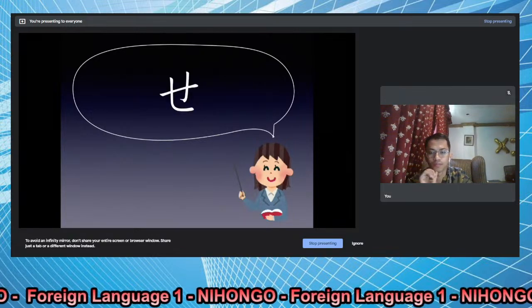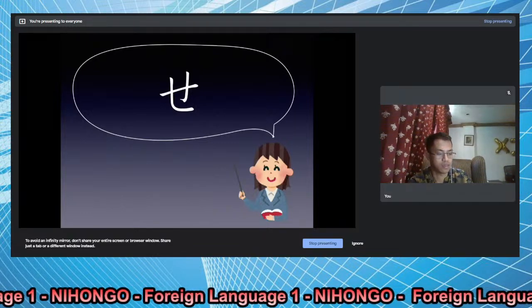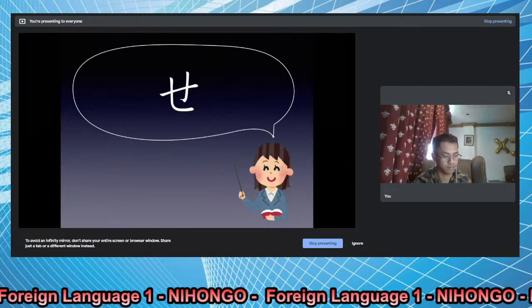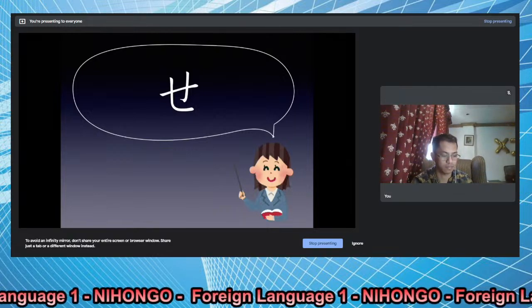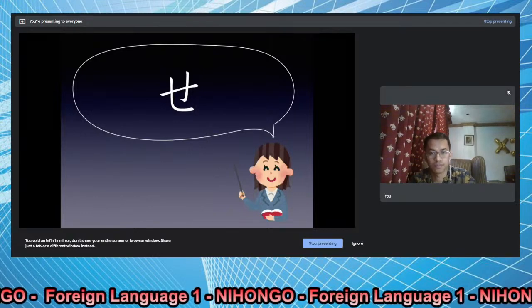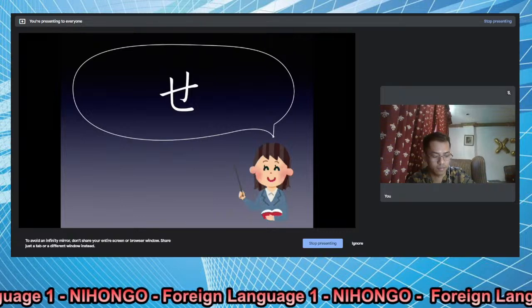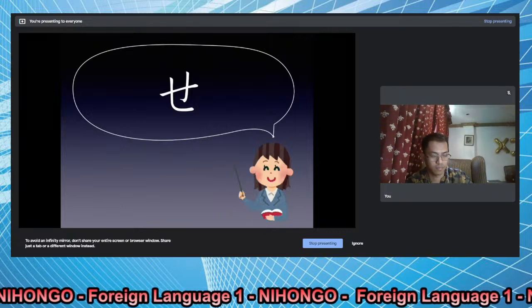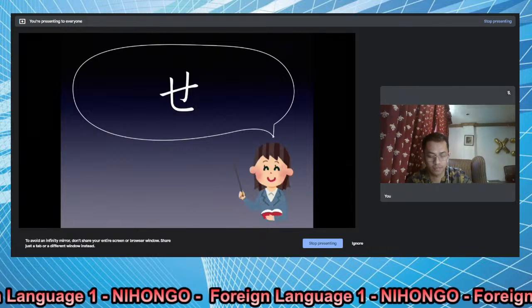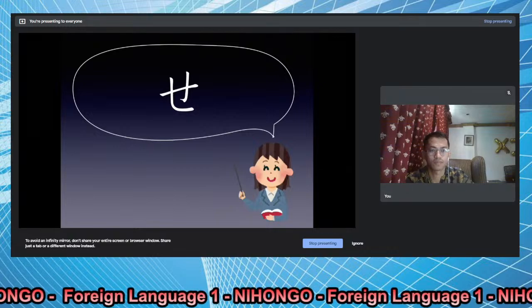Okay, what character is this? Se. All right. First letter, what is this? This is se.